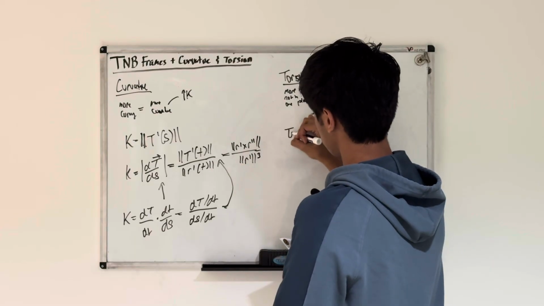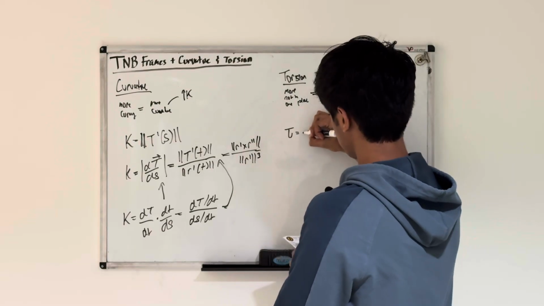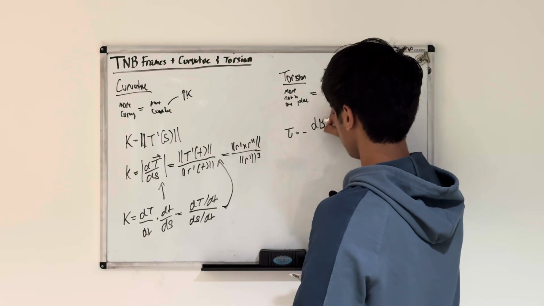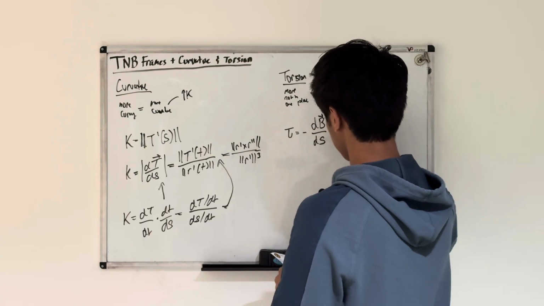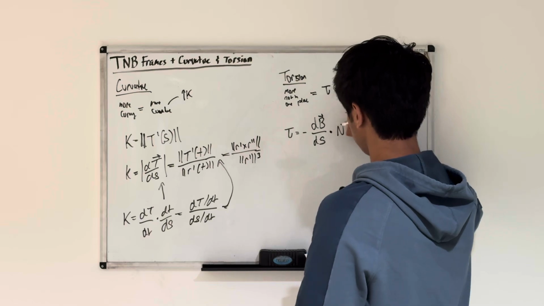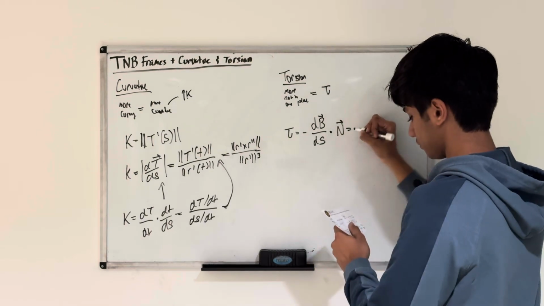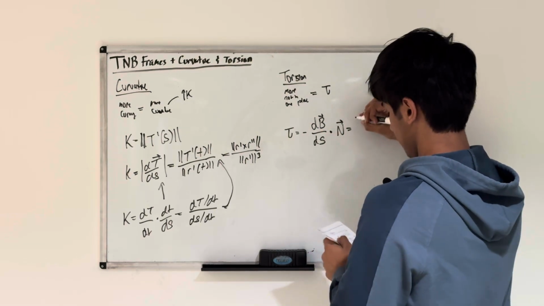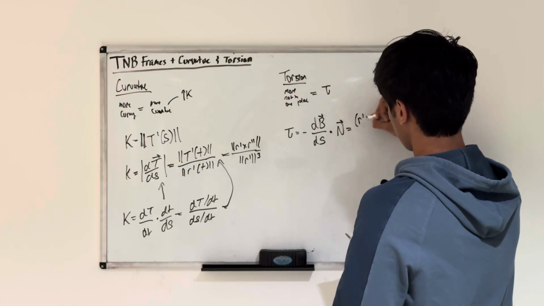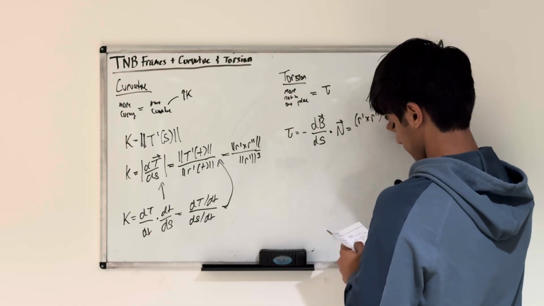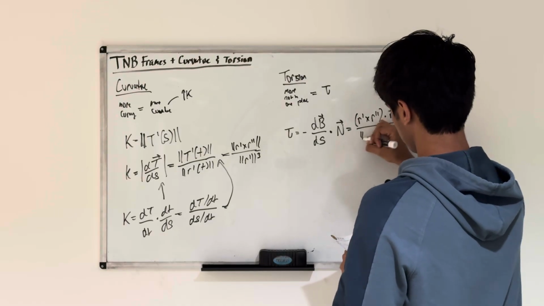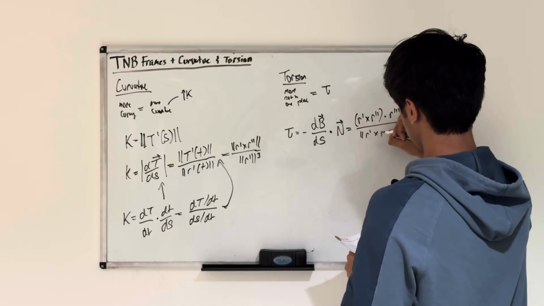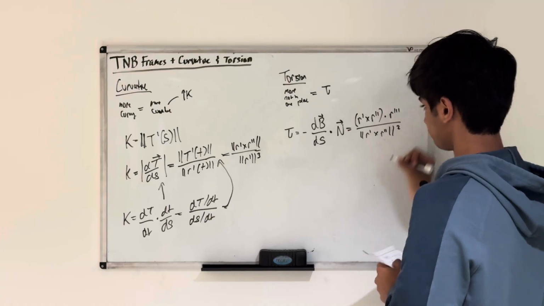So tau, or torsion, is equal to the negative derivative of the binormal with respect to arc length dotted with the normal. It's also equal to r prime cross r double prime, dotted with r triple prime, over the magnitude of r prime cross r double prime squared.